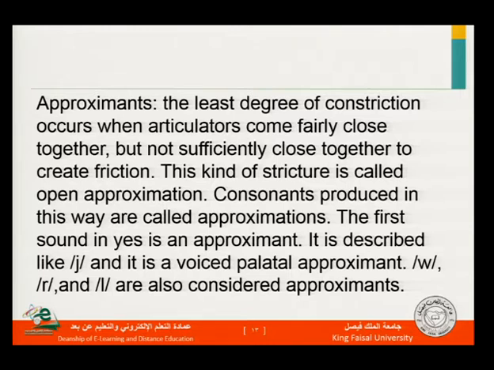The R and L are of course considered approximants, but some linguists in some books call them liquids. The liquid sounds are the R and the L, and at the same time you can name them approximants. But the glide sounds are the ya and the W, and of course they are approximants. So we have four approximants: ya, W, R, and L.